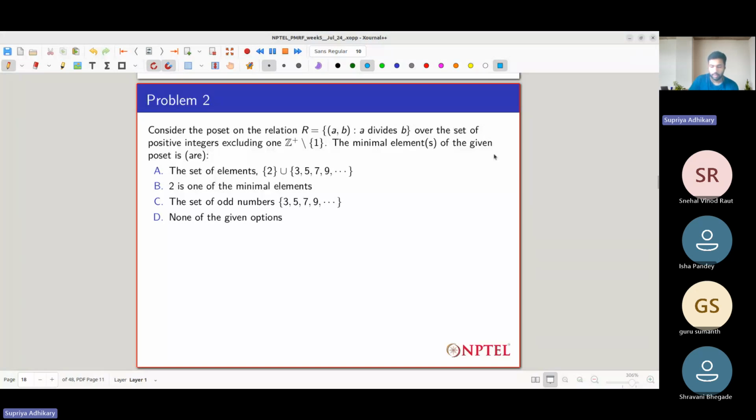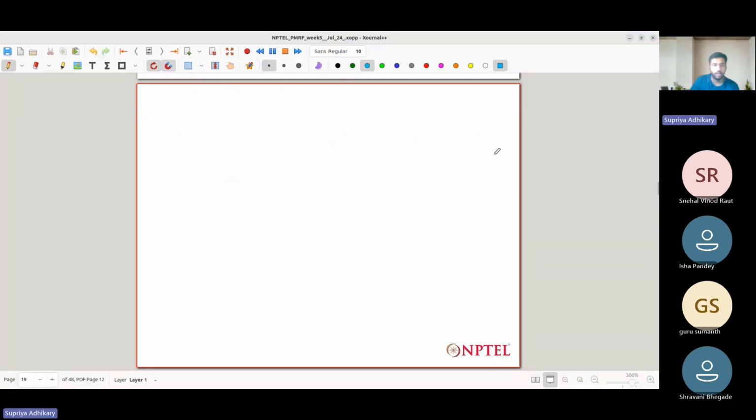So first of all, instead of taking all the Z plus, let us consider only the first 11 or so elements. Sorry, we have to exclude 1. So we have 2, 3, 4, up to let's say 12.